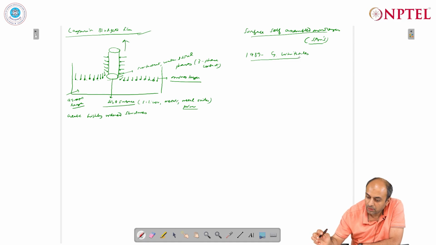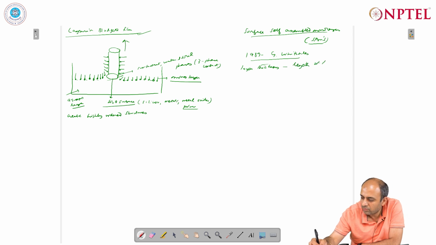Now, the thickness of the layer which is formed is equal to one molecule thickness, and this layer thickness depends upon the length of the molecule and the contact angle the axis makes with the surface.